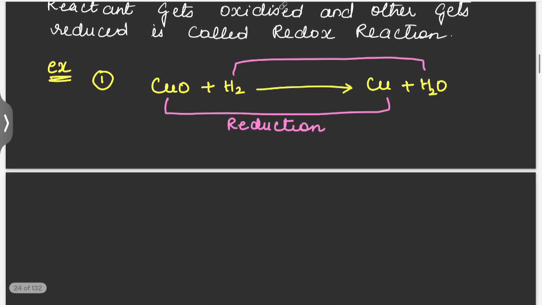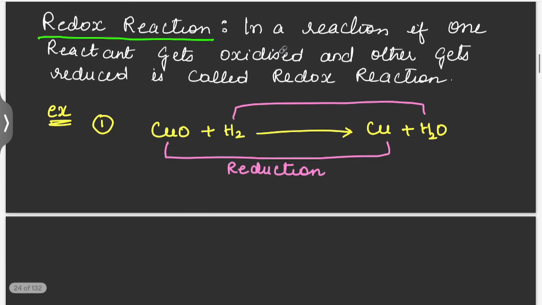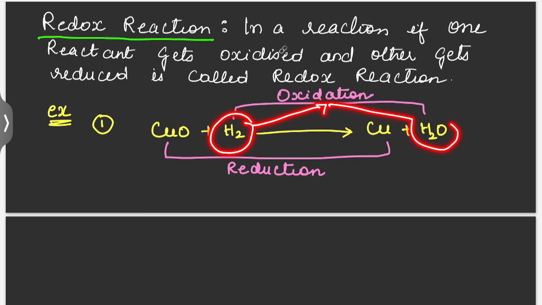Therefore this is an oxidation reaction. I'll write here, this is oxidation. Clear? You will say hydrogen undergoes oxidation to form water. Tell once again, hydrogen will undergo oxidation to form water.